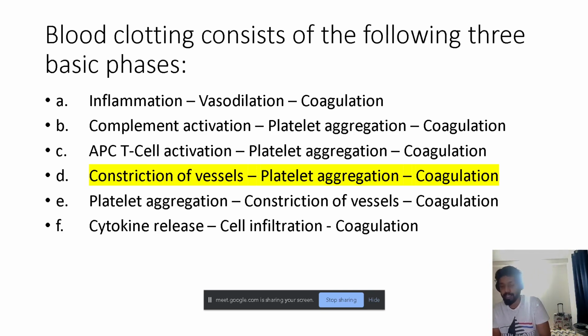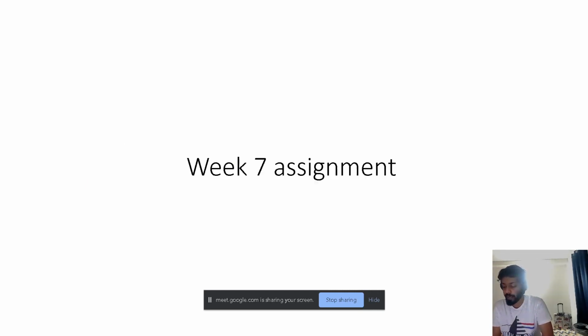As soon as the leakage happens, there's this constriction of blood vessels, and then platelets start to migrate to the site of leakage and aggregate, and then coagulation happens. Okay.